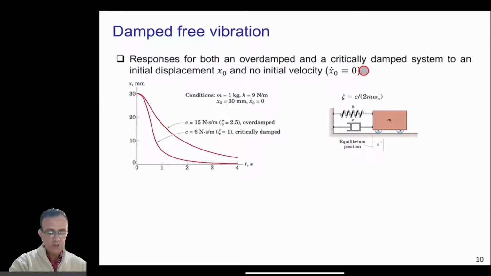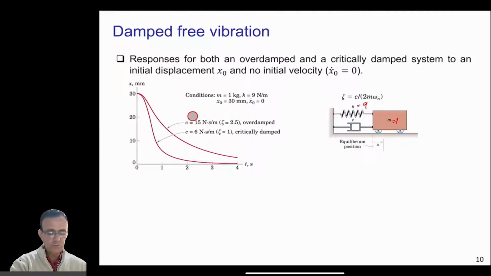So if you consider this case here, as you can see, if you give it some initial displacement 30 here, you can see the overdamped system. If you are using these parameters, m is equal to 1 kilogram, k is equal to 9, and c depends on the type of damping.